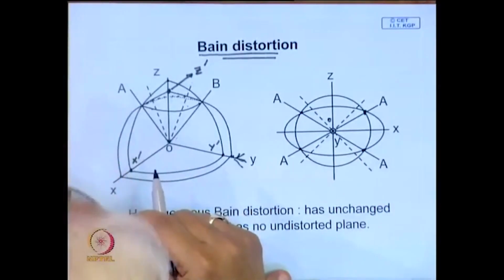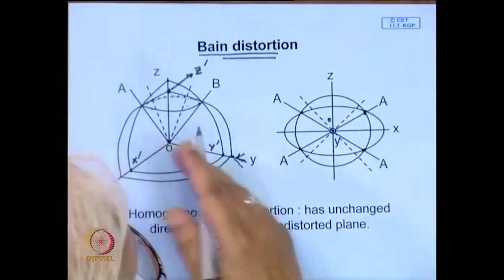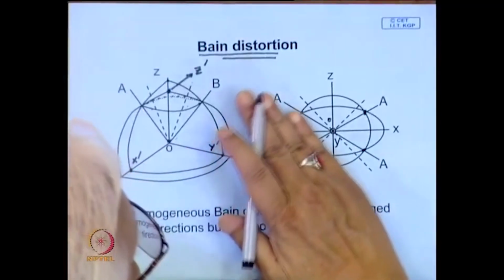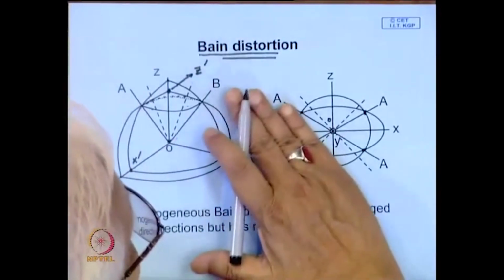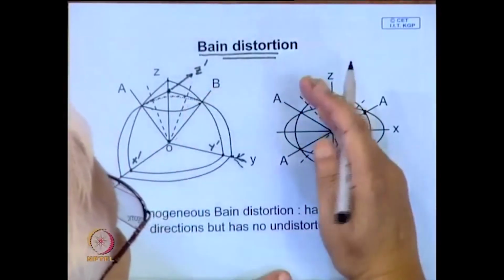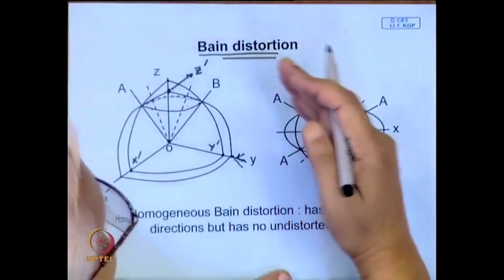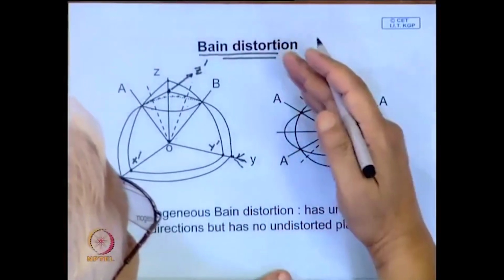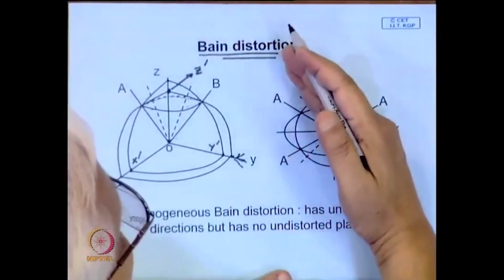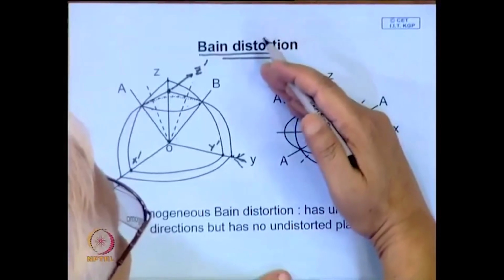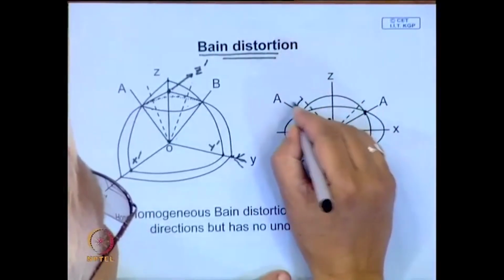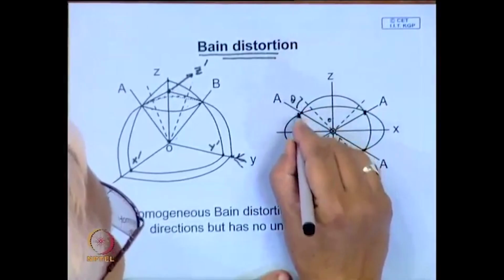To get an undistorted plane, what do you have to do? Suppose you find one of the y planes which intersects here, with y perpendicular like this. Any plane passing through this, if you rotate it through an angle theta, will match with this.